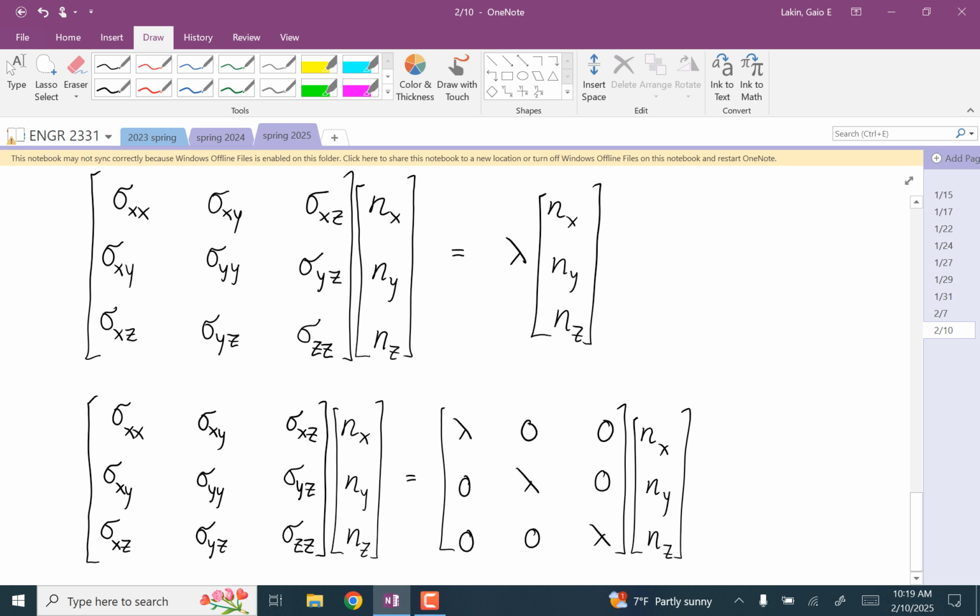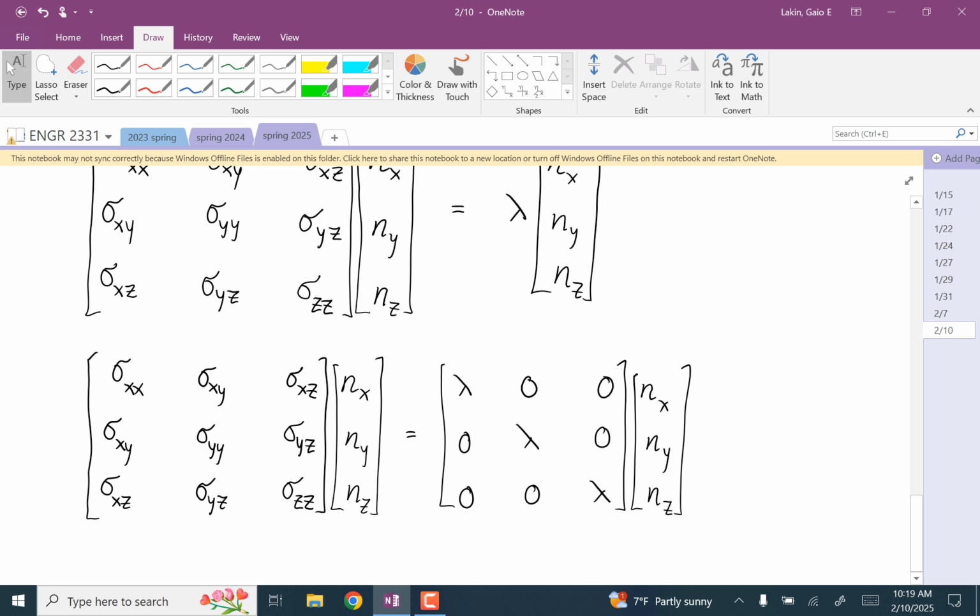So first you could just multiply that out and you'd see that you get this. What you get out of this is lambda times nx for the x component, lambda times ny for the y component, lambda times nz for the z component. You could also think of this as taking that lambda and multiplying it by what's called the identity matrix, which is just ones in the diagonal.